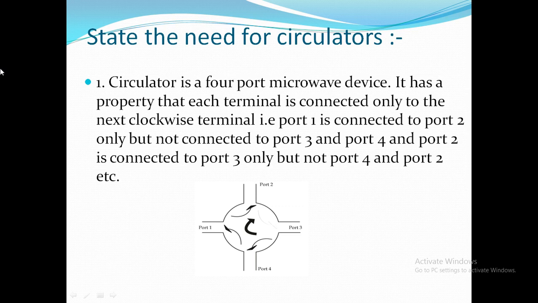Actually, a microwave circulator is a multi-port microwave device. There is no restriction on the number of ports, and it can have any number of ports depending on the application. 4-port circulators are the most commonly used.